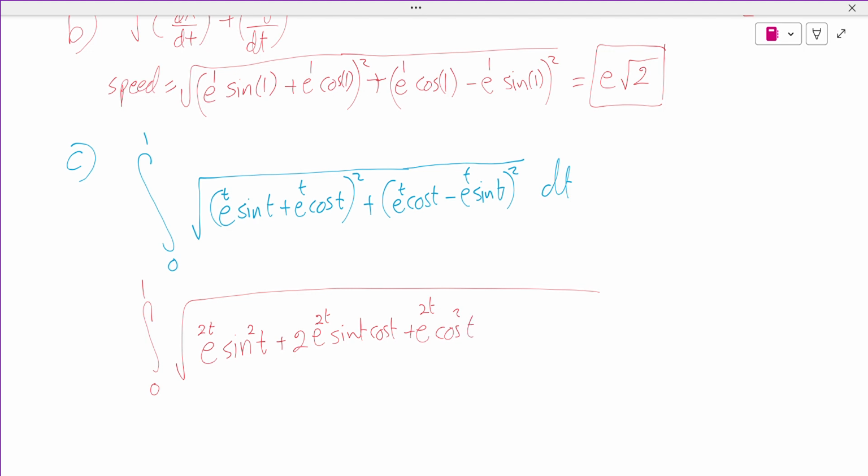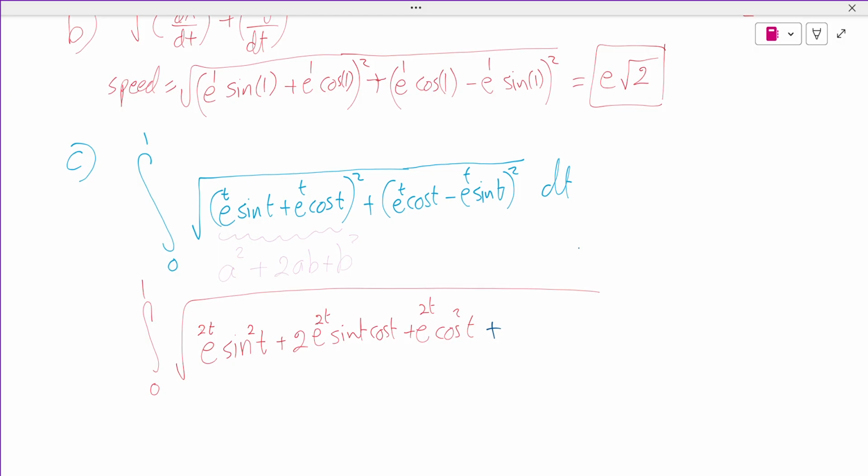What I have just written is the expansion of this, because the expansion is a squared plus 2ab plus b squared.